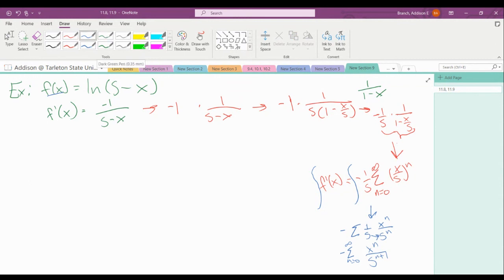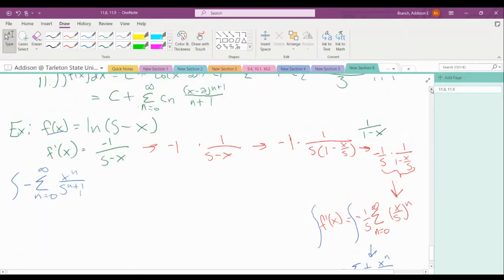So now I can integrate that. If we integrate our series, and we go back up, we can look at our theorem and see how it says to integrate. Actually, we're just going to pull the negative out in front.